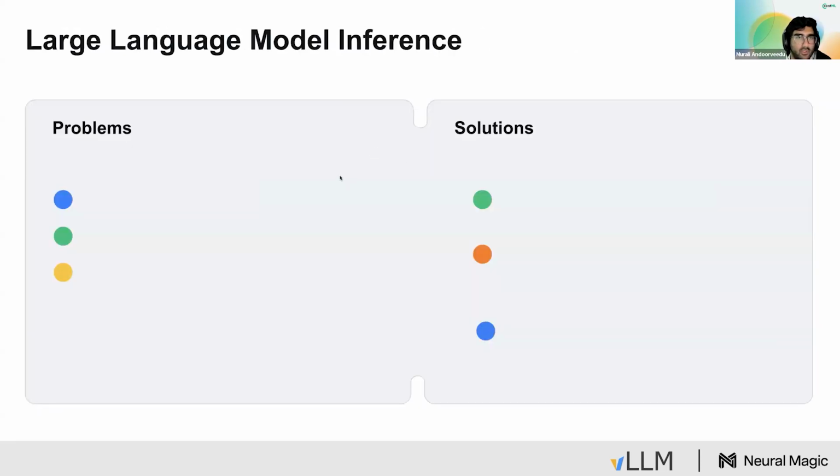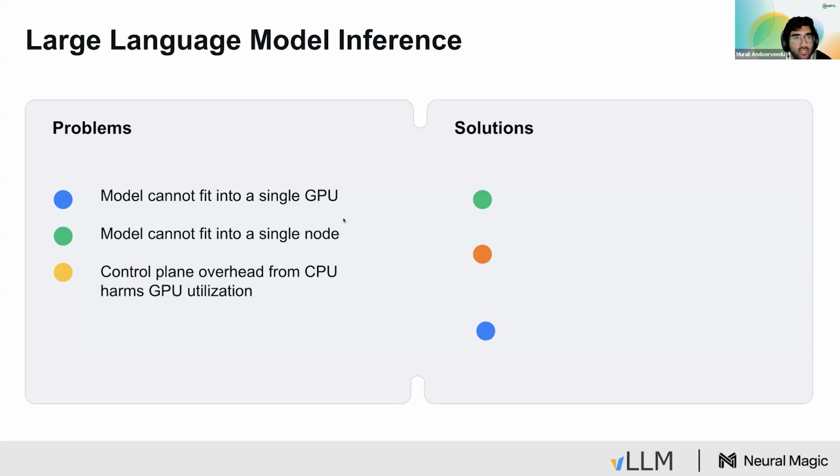Okay. And when it comes to large language model inference, there are a few problems that we're trying to address. The first thing is, as I mentioned before, the model cannot fit into a single GPU. The second problem is that it can't fit into a single node. And the third is that you often have increased CPU overhead that comes from this.